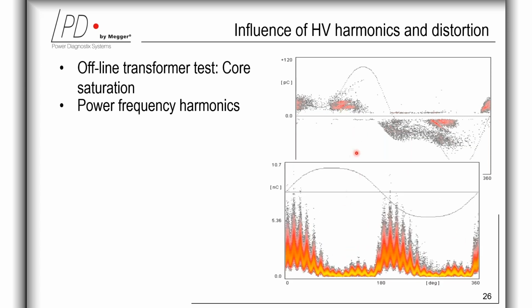And here, the second pattern belongs to a generator in a hydraulic pump storage plant. This pattern is basically showing the typical shape of a service-aged epoxy mica insulation system, also including the cross-coupling of the neighbor phase. However, the partial discharge pattern here is modulated by the 29th harmonic of the power frequency.